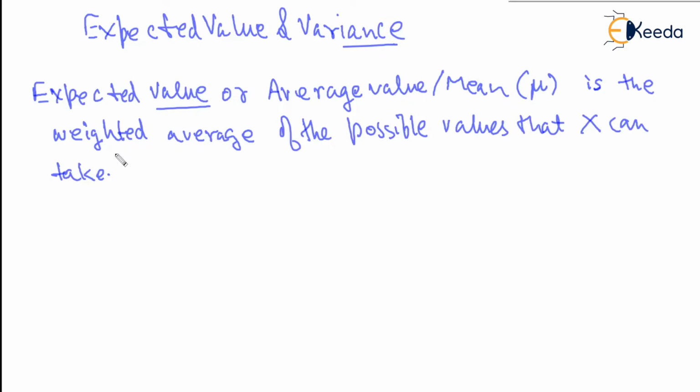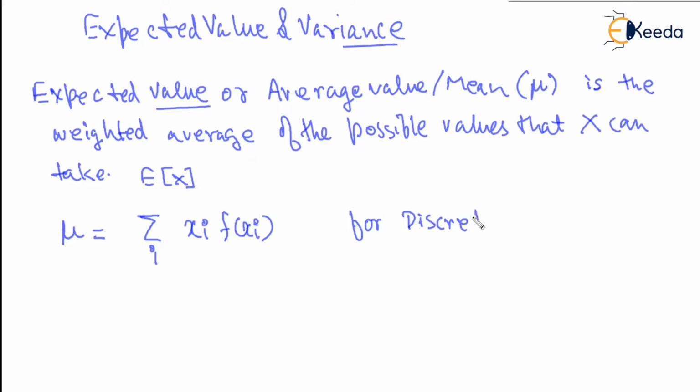Right? So this mean is also given as E of x, which can be given as summation of xi f of xi for all values of i for a discrete random variable.